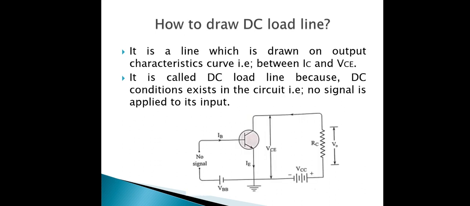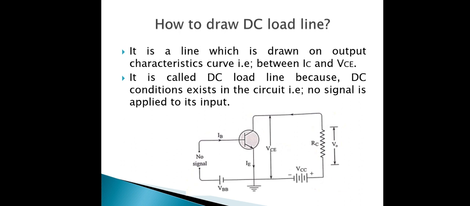The next point is how to draw the DC load line. Two points are to be noted before we draw a DC load line. First, it is a line which is used to know the transistor characteristics. Second, it is a line which is drawn when no signal is applied.